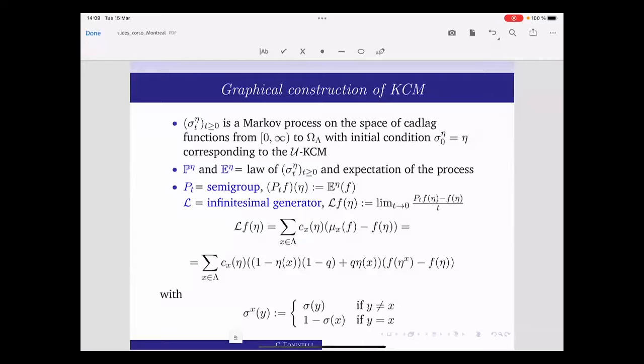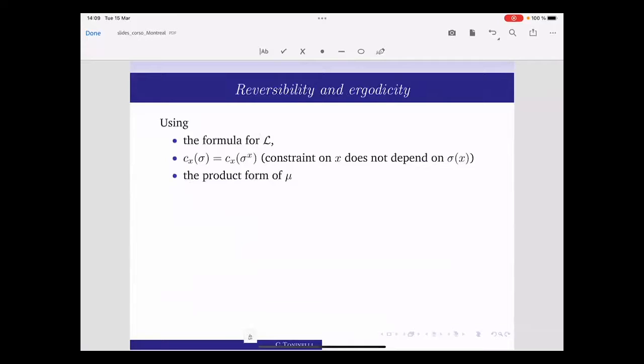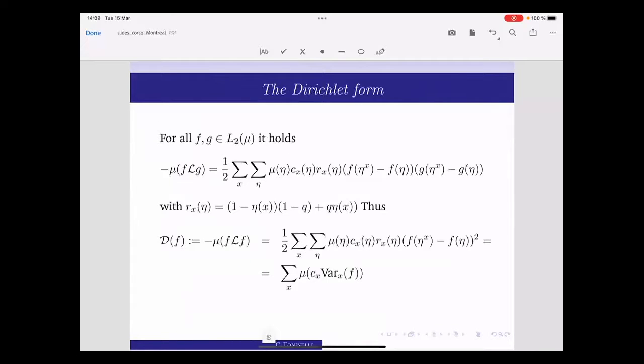The other thing that is useful to recall from yesterday is this Dirichlet form, which is a positive form corresponding to the mean over the equilibrium measure of the function times the generator applied to that function.